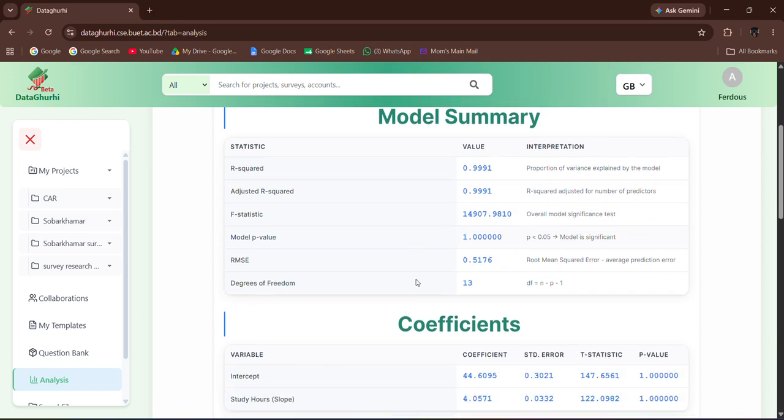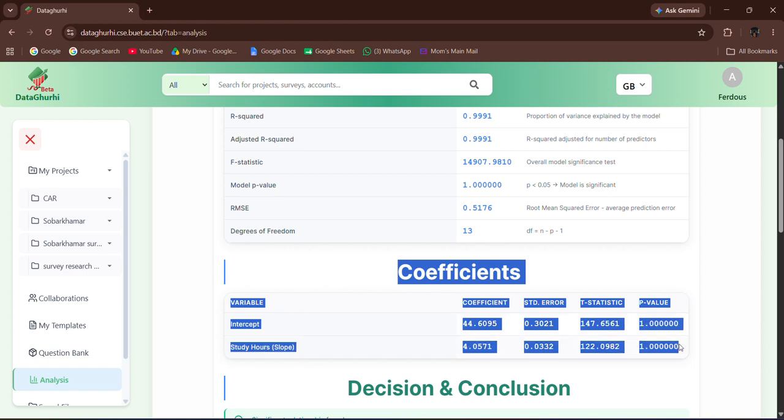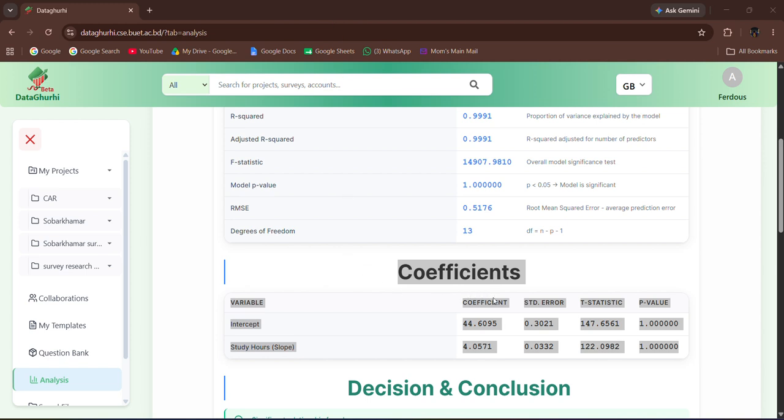Then degrees of freedom, and this is the coefficient table: coefficient, standard error, t-statistic, and p-value.